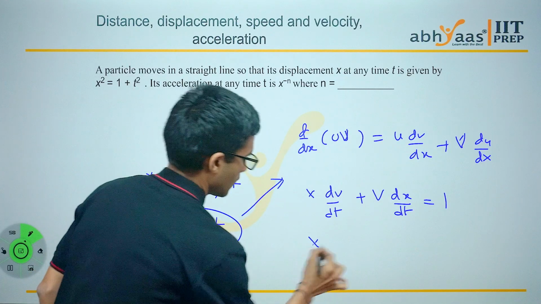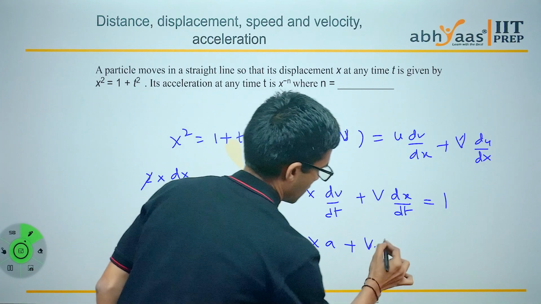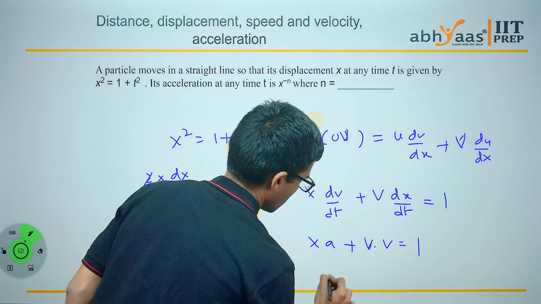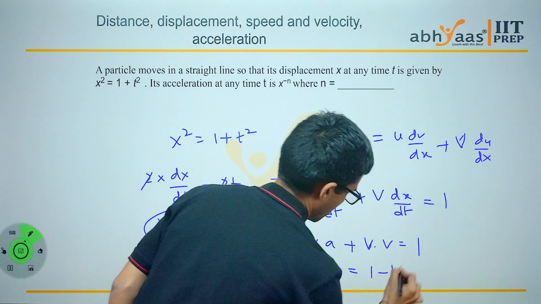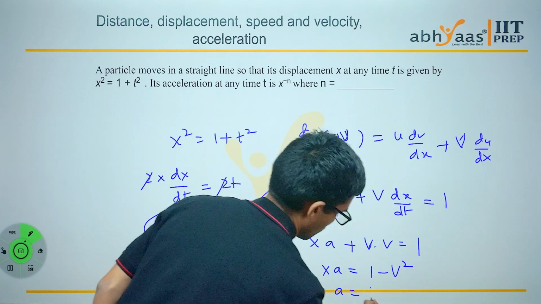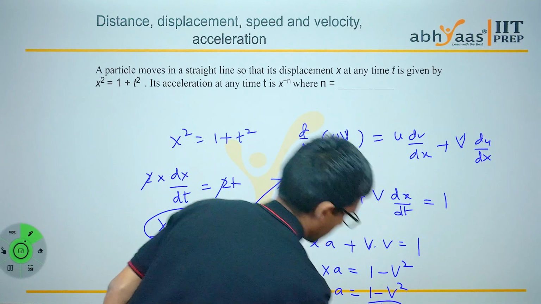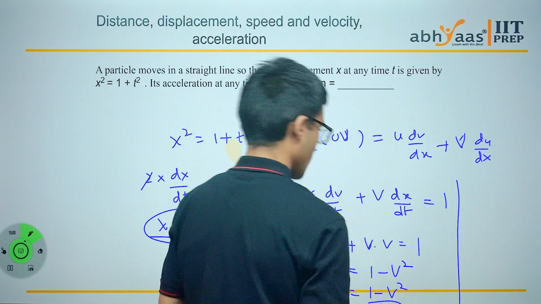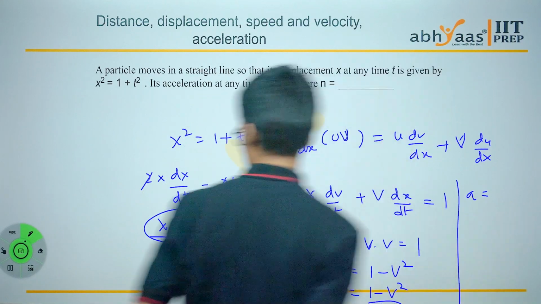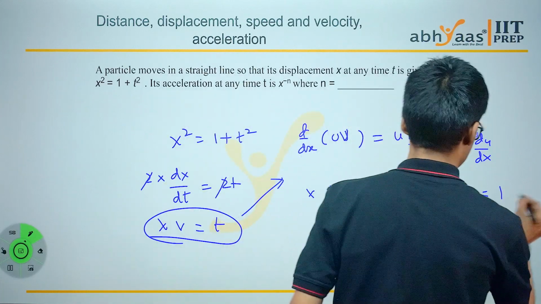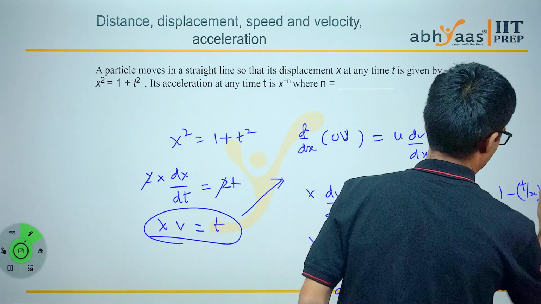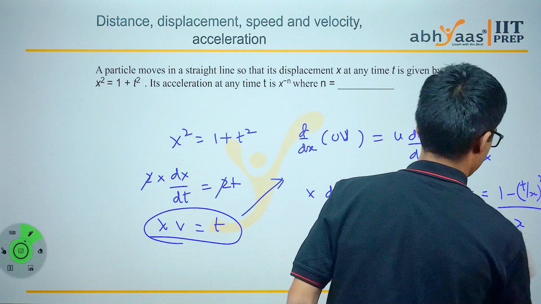So x into a plus v into v is equal to 1. x a is equal to 1 minus v square, so a is equal to 1 minus v square by x. So I write acceleration is equal to 1 minus (t by x) whole square, by x.